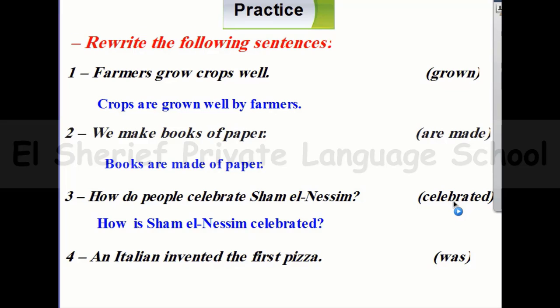So the answer will be, how is Sham el-Nessim celebrated? The last one, an Italian invented the first pizza. Use was, because the main sentence is in the past, so we will turn the sentence to the past passive. The answer will be, the first pizza was invented by an Italian.